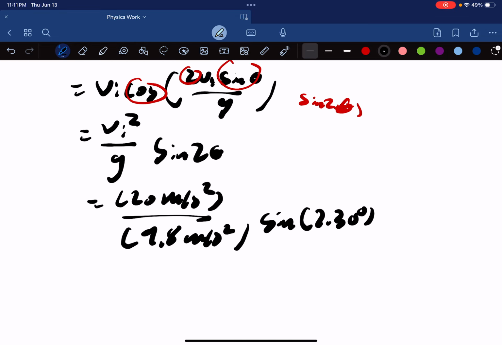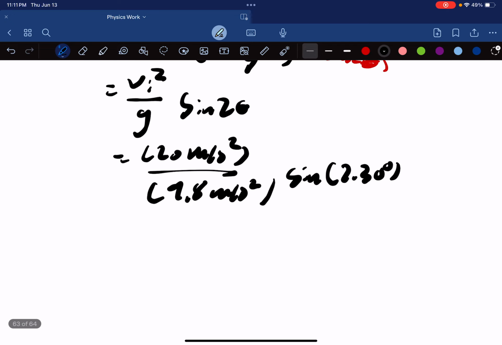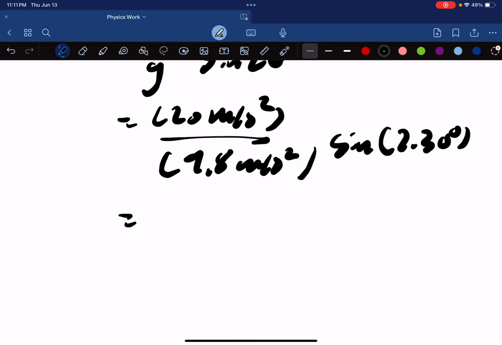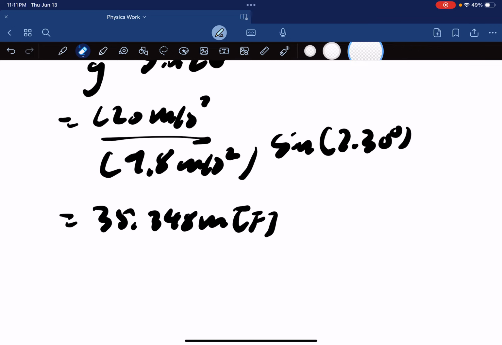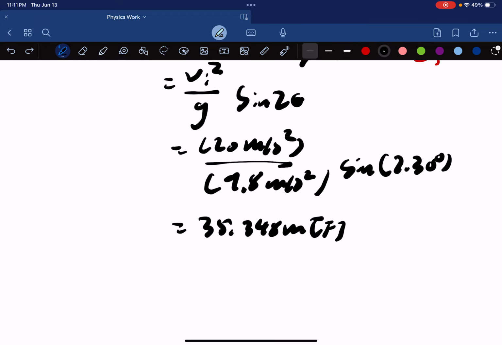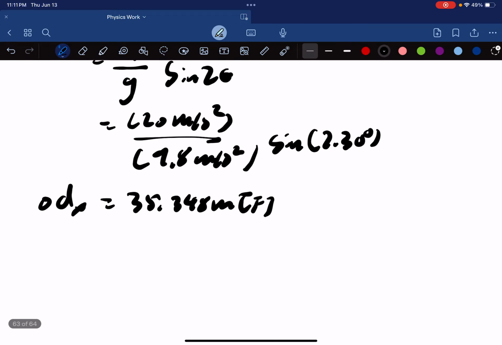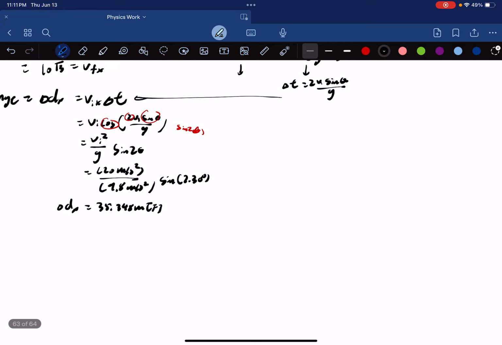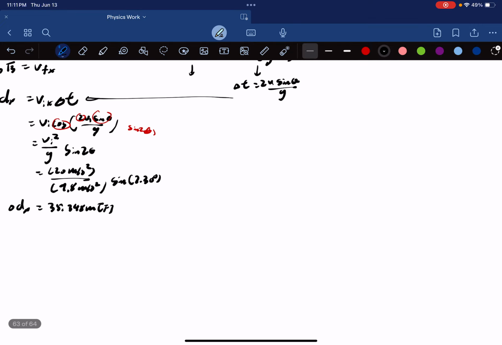We pull out the calculator and calculate that: 400 divided by 9.8, times sine 60. And what you'll get is 34.348 meters forward, because that's the horizontal component. Now, that's the distance the marble traveled just from the cannon itself.